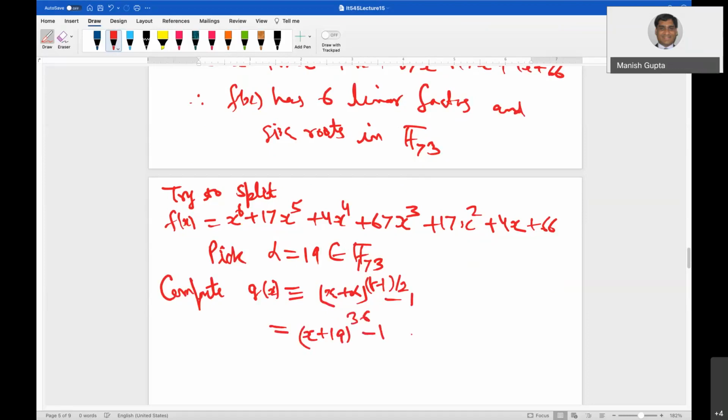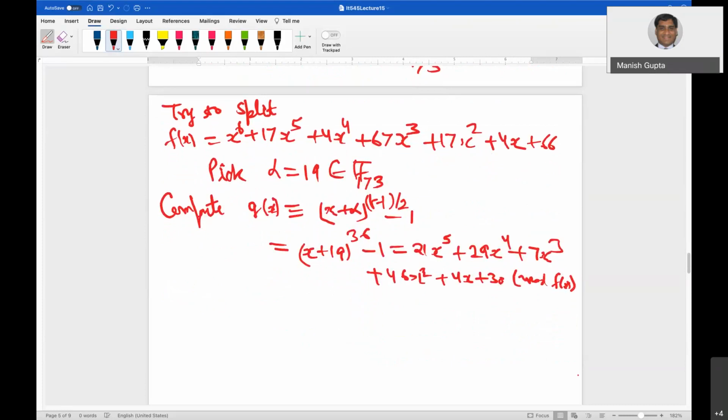And this, again, we reduce modulo fx. It turns out to be 21 times x raised to power 5 plus 29 times x raised to power 4 plus 7x cube plus 46x squared plus 4x plus 30 modulo fx. We divide the whole thing by fx and the remainder is this.